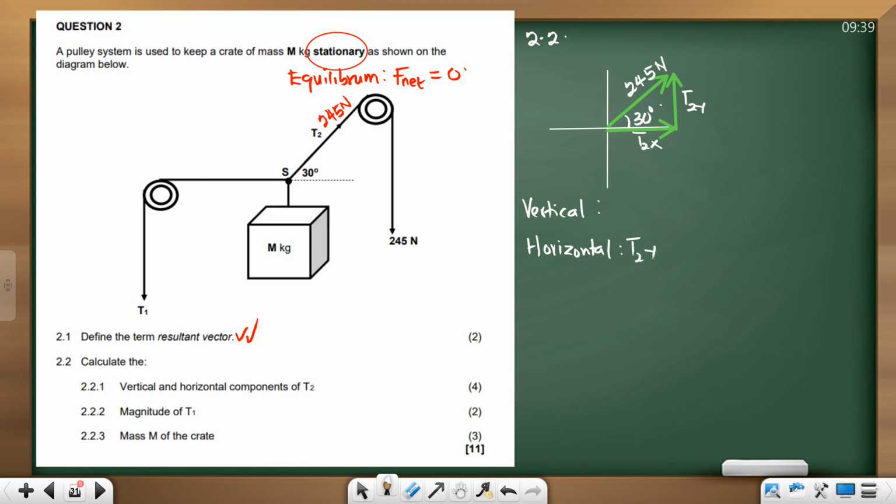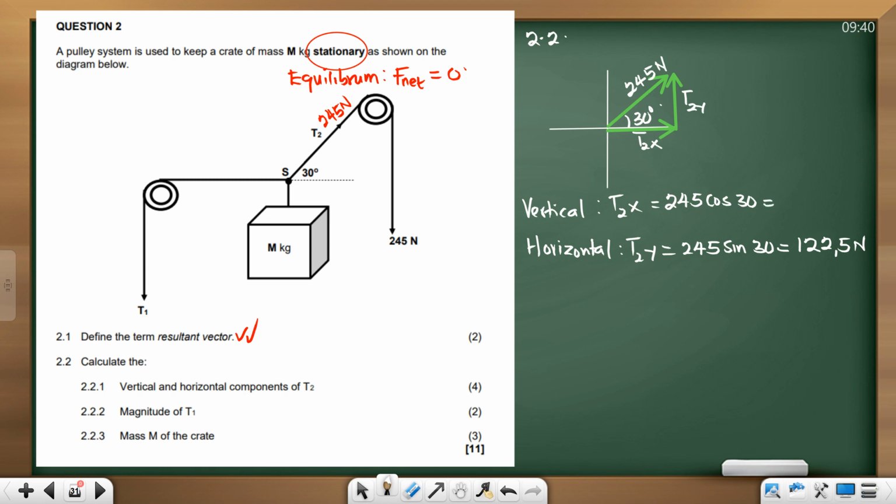So T2y is 245 sine 30, and that is 122,5 newtons. 122,5. And horizontal would be T2x. That is next to the angle. So it's 245 cos 30.